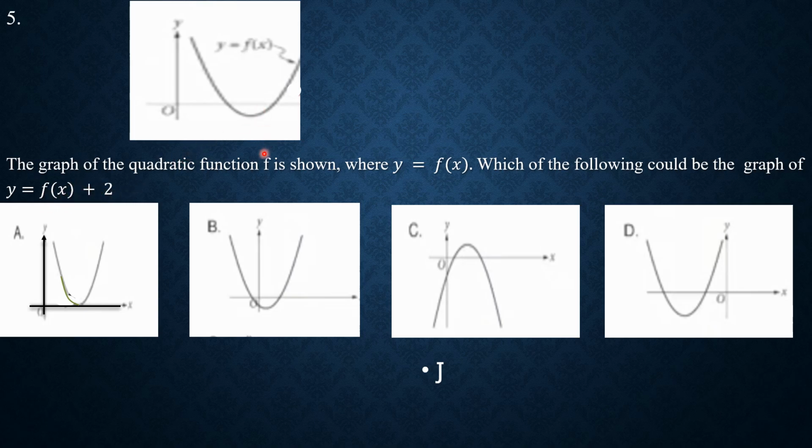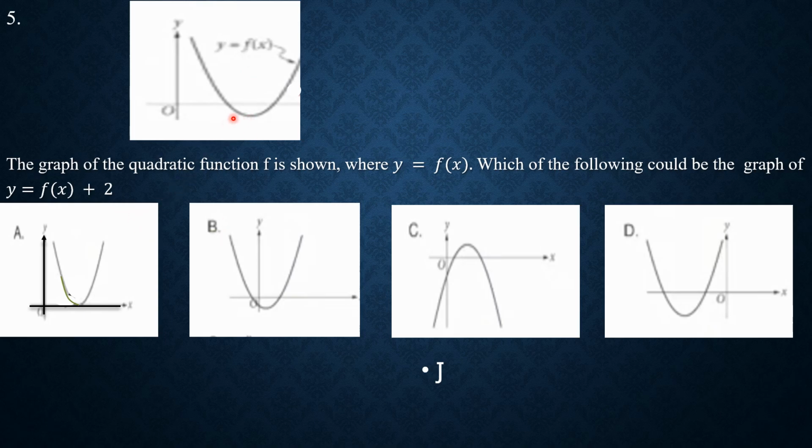So the graph basically shifts 2 units upwards in the positive direction of y. So most likely we are going to have this as a result, because the graph to the right is the same, so it does not shift. You don't shift this graph to the right or to the left when you're adding or subtracting a particular number from f of x. Okay, so what you do is you either shift it upwards if you're adding, or you shift it downwards if you're subtracting.